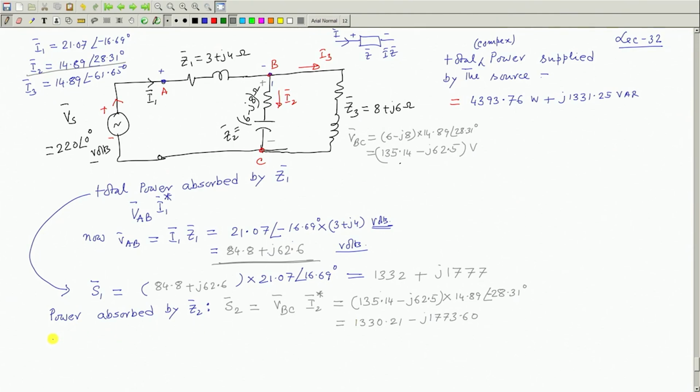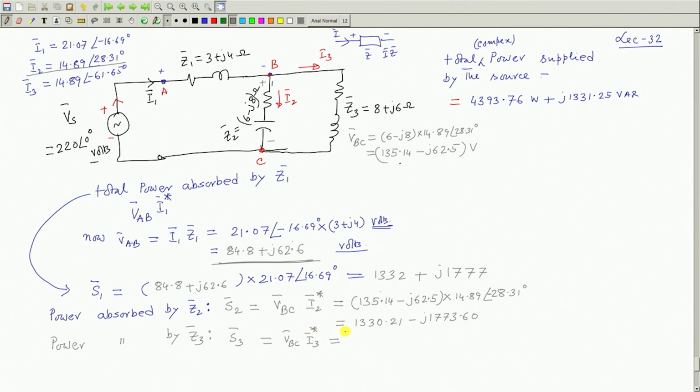Similarly, power absorbed by Z3 will be V bar BC, same voltage V bar BC, into I3 star.